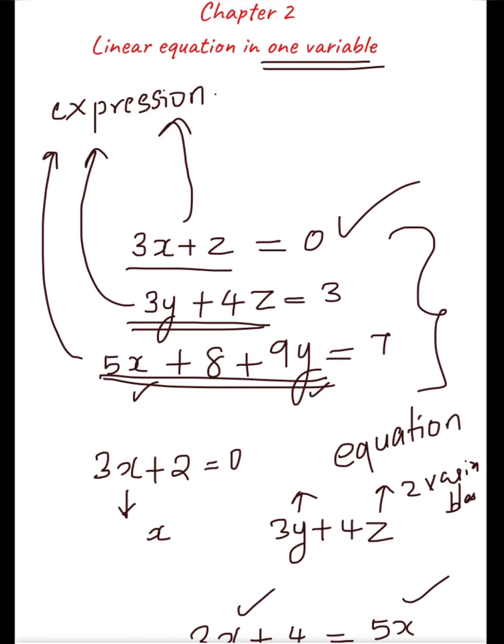Now let's see what you mean by linear. Linear means what? I will write two examples. Suppose 6x plus 7 equals 0. Now 6x square plus 4 equals 0. Here, the power of x is just 1.